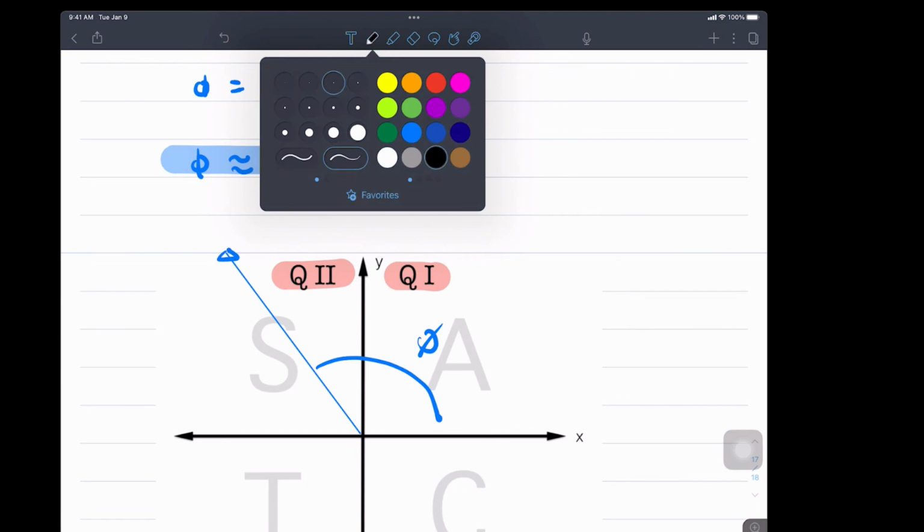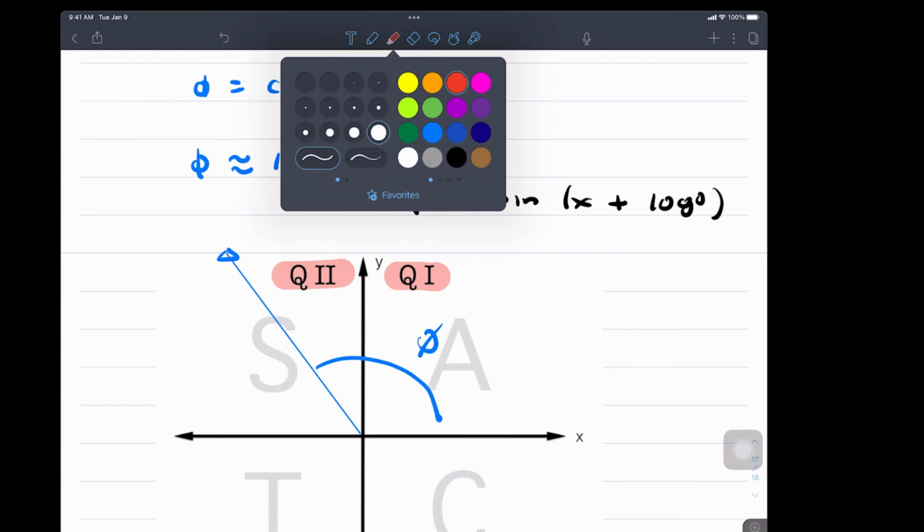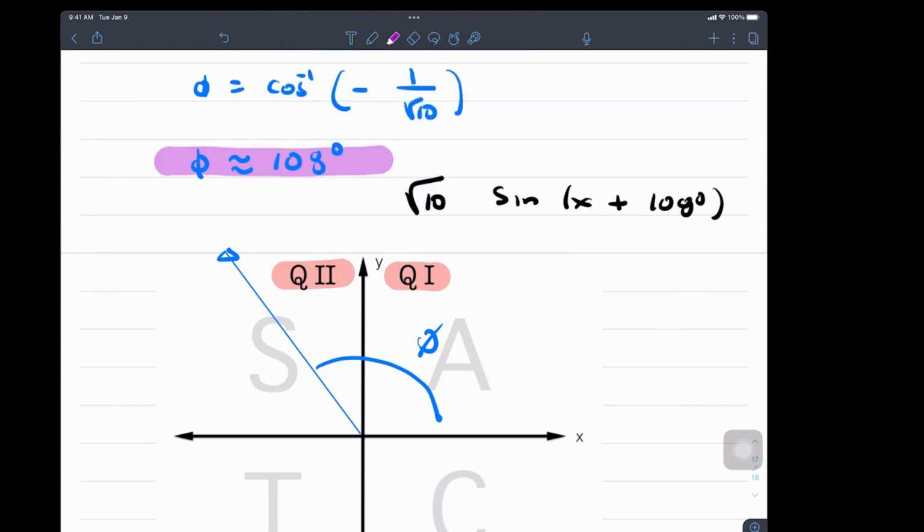So what's your final answer? Square root of 10 sine x plus 108. You did find the right phi. Doesn't always make sense, ladies and gentlemen. I just want to warn you guys. There you guys go.